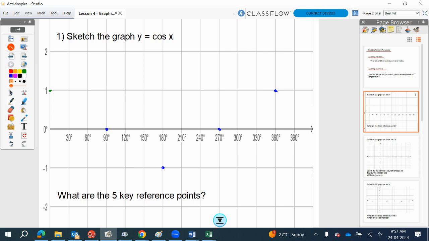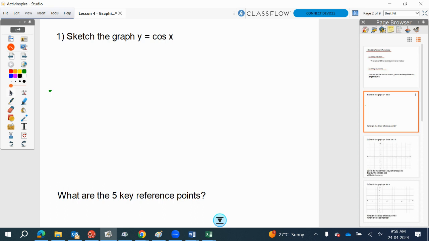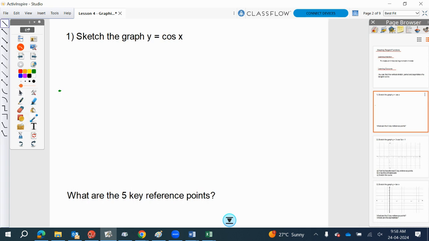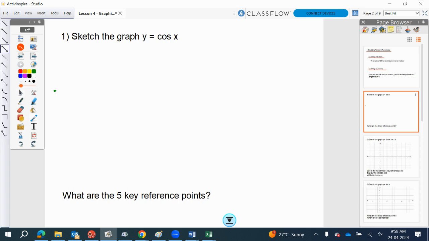You should start by plotting these and then draw your function. It shouldn't take you that long to draw this function. If you're drawing it by hand, you should use a ruler. You should draw your axes with a ruler.